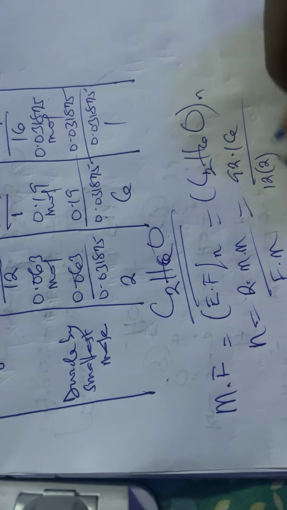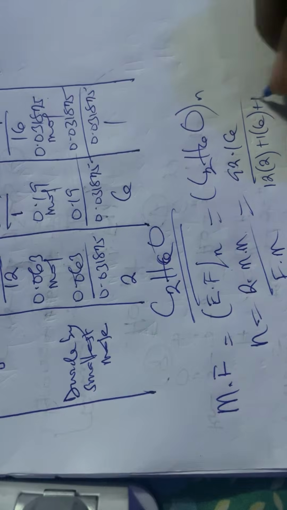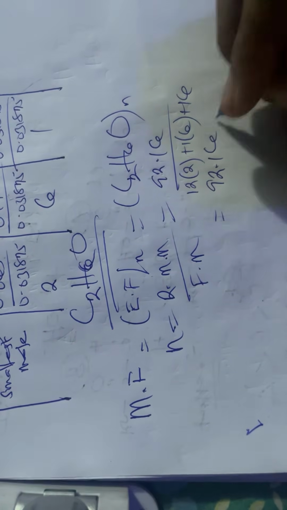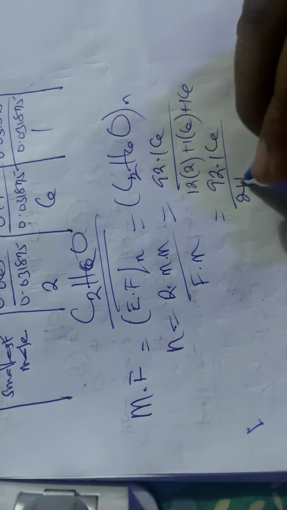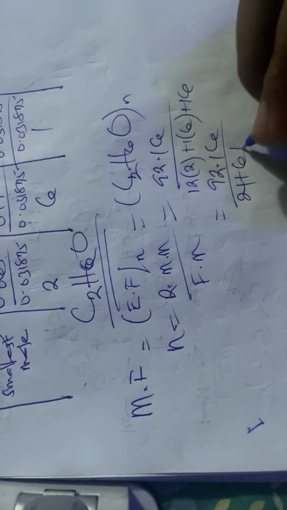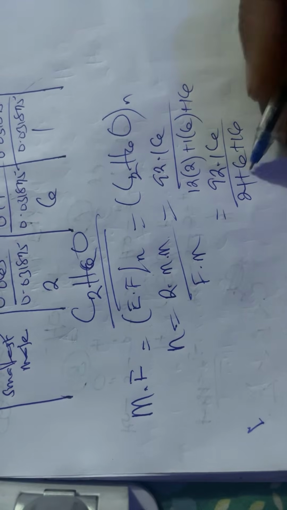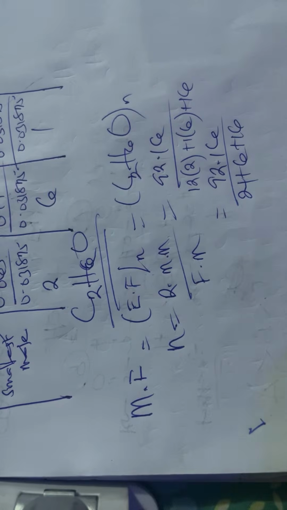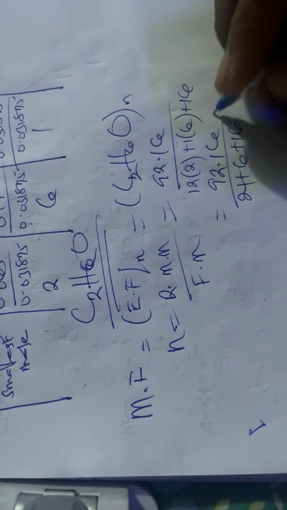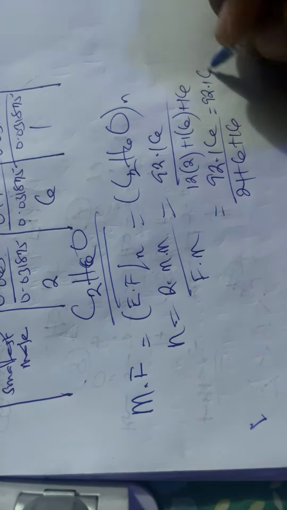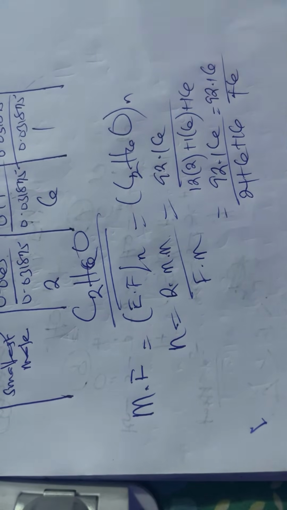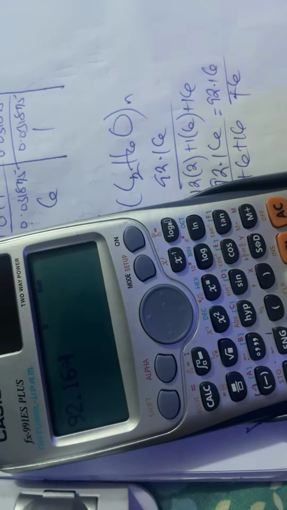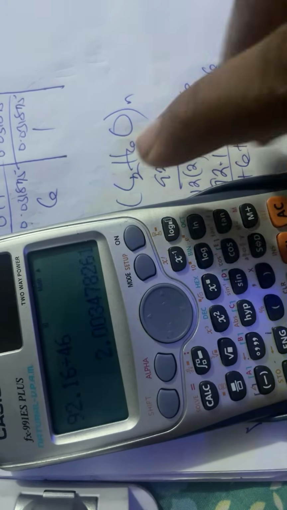So how do you do it? I will say 12 times 2 plus 1 times 6 plus 16. All right, so this will give us 92.16 divided by 24 plus 6 plus 16. 24 plus 6 is 30. 30 plus 16 will give us 46. So 92.16 divided by 46 gives us 2.